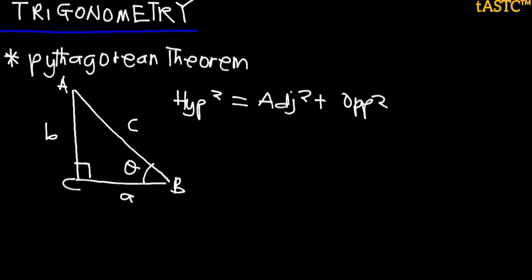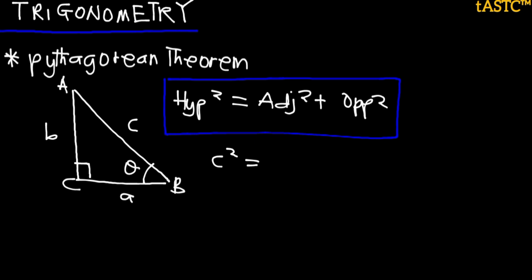So if we wanted to use this formula to find the hypotenuse, with respect to this angle, that is C. I'm going to write that as C squared, and this is equal to the adjacent squared, which is A squared, because this is the side that lies beside the angle. You add that to the opposite squared, which is B squared.